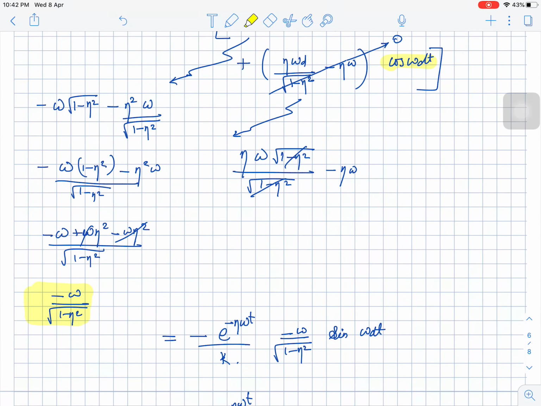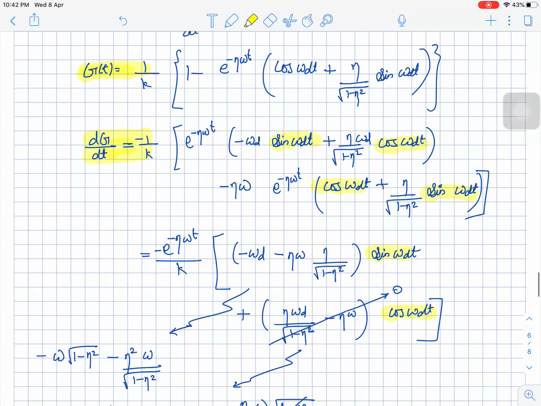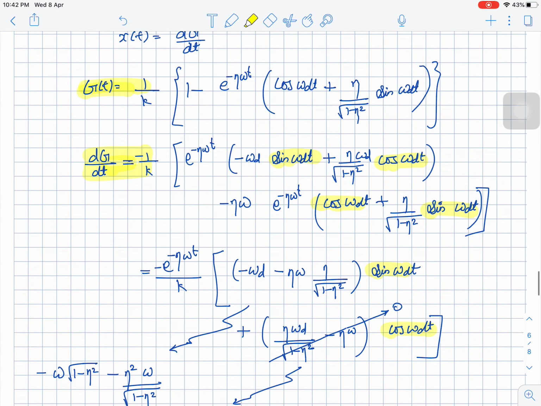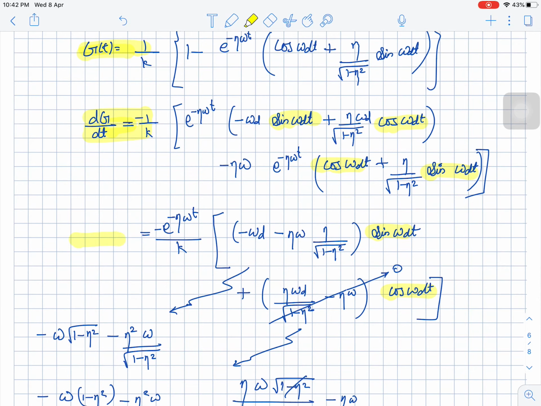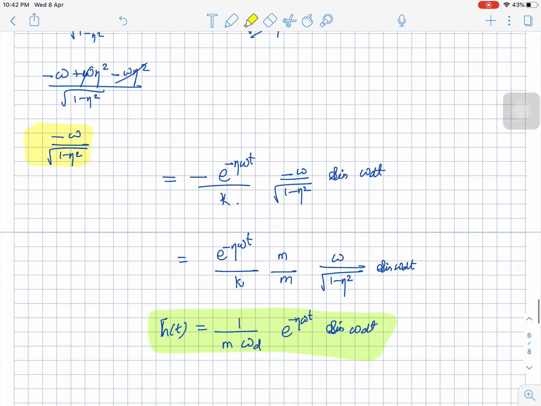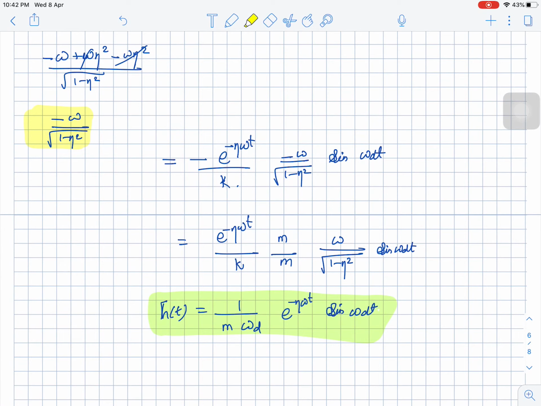Now you substitute into this main equation, and with simple modification you will settle into this equation, which is the response of the impulse function or Dirac delta function.